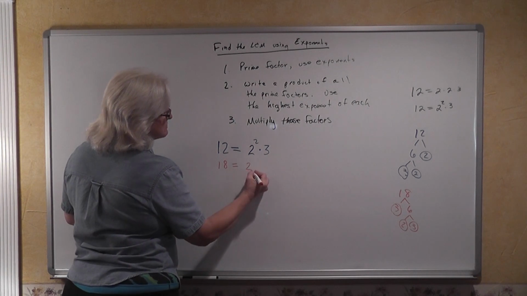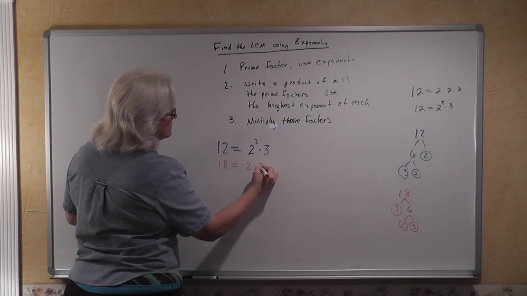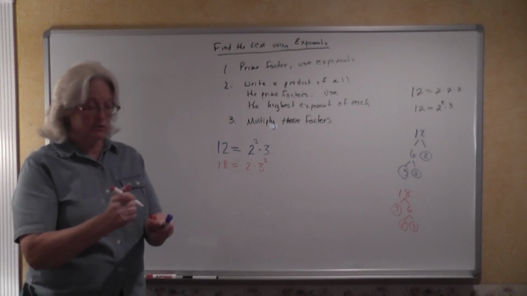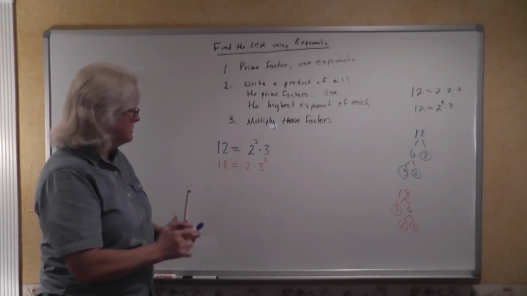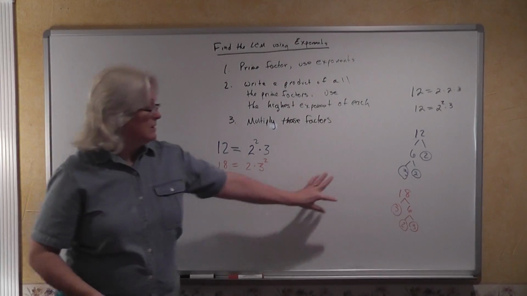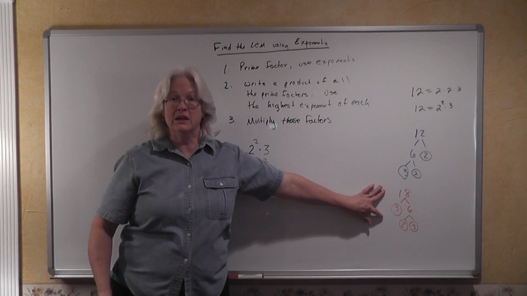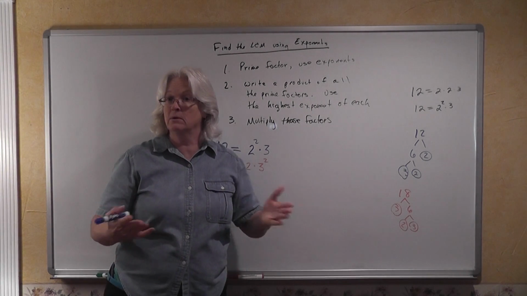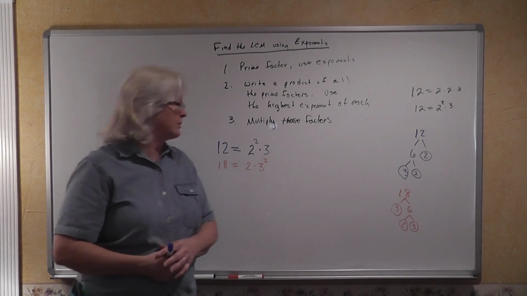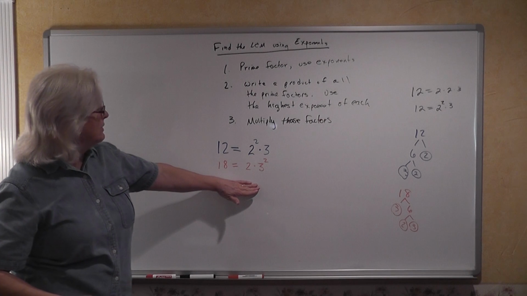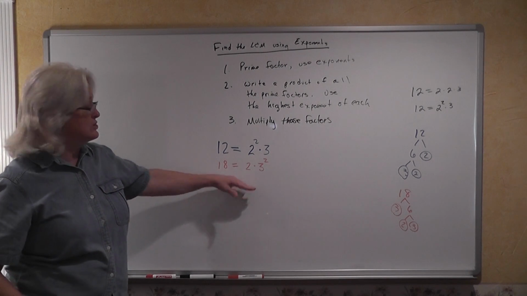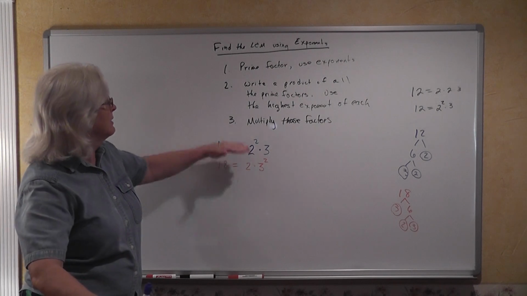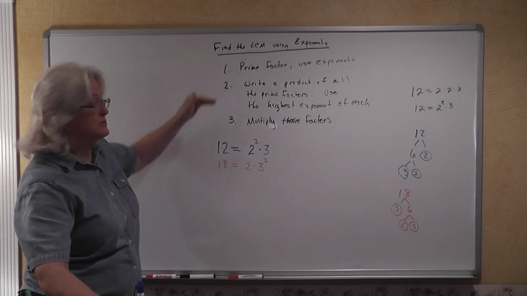That's 2 used as a factor 1 time, times 3 used as a factor twice. How else could I have initially factored 18? I could have said that 18 was equal to 9 times 2, and then that 9 was equal to 3 times 3. But this is what the prime factorization of 12 and of 18 looks like when you use exponents.